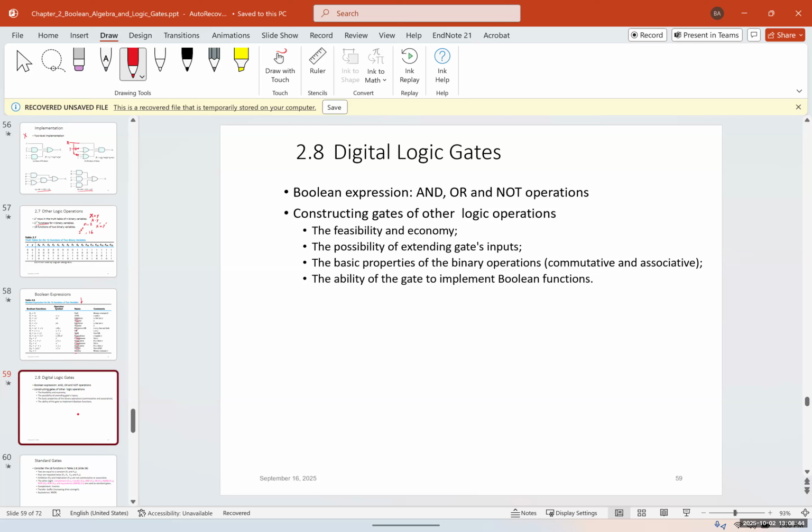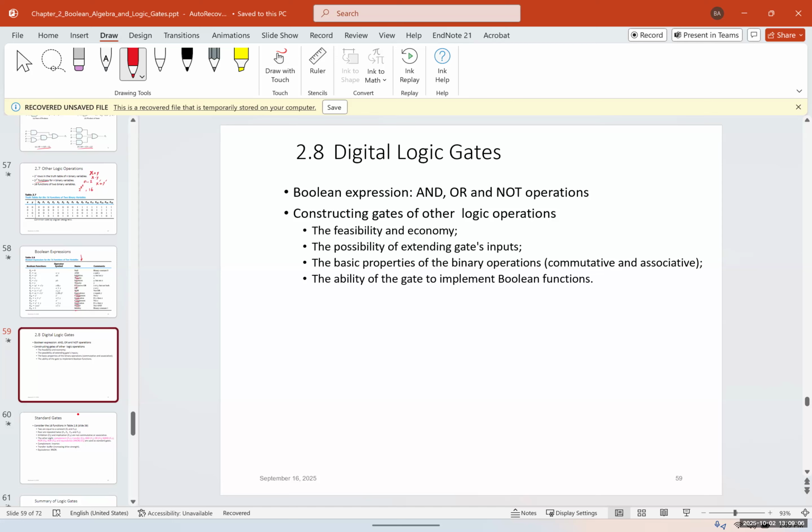For constructing gates of other logic operations, we have to consider the feasibility and economy, and the possibility of extending gate inputs. Sometimes we can do that, sometimes we can't. We also look at the basic properties of the binary operations, the commutative and associative laws, and the ability of the gates to implement Boolean functions.